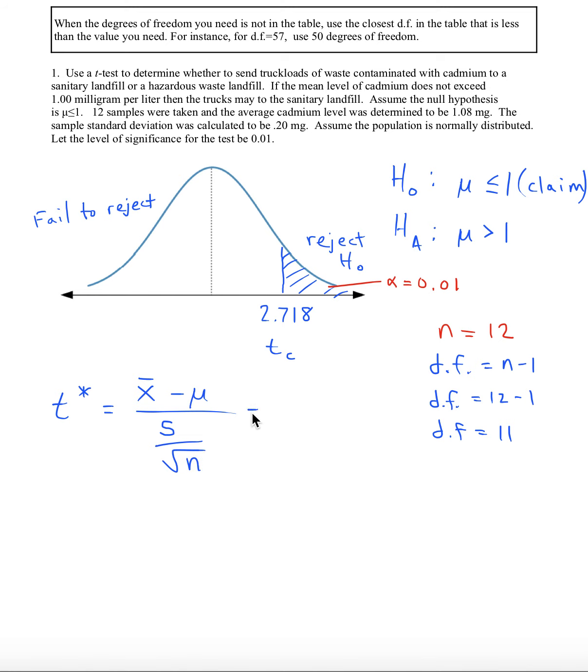So that's going to be 1.08 minus 1 over 0.2 divided by the square root of 12. It's 1.39.